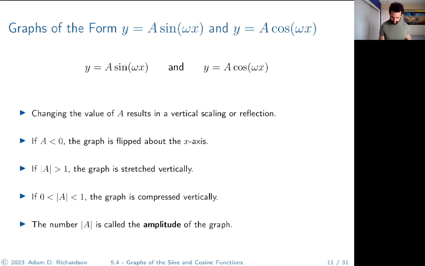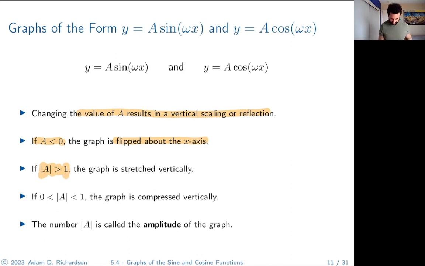I said it once already, but let me highlight it here too. If you change the value of a, you're going to get a vertical scaling or a reflection or both. Because if a is negative, it's going to take your graph and flip it around the x-axis. So if a is negative, the graph is flipped about the x-axis. And just like we talked about last section, if the size of a is greater than 1, you're going to get a vertical stretch.